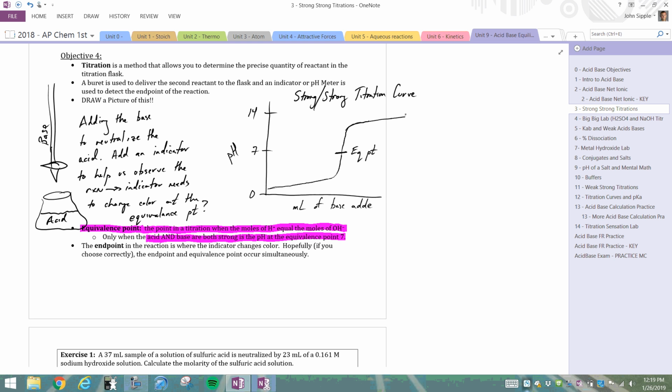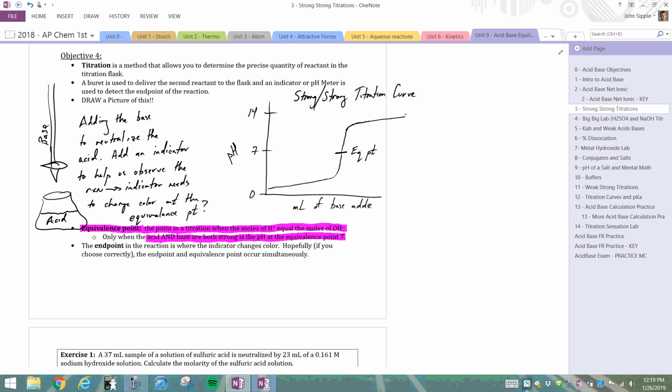Doing these calculations for a strong titration is pretty straightforward because it's a lot of just stoichiometry and calculating new concentrations.